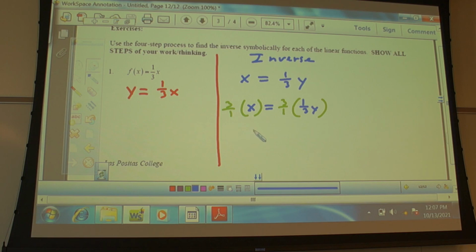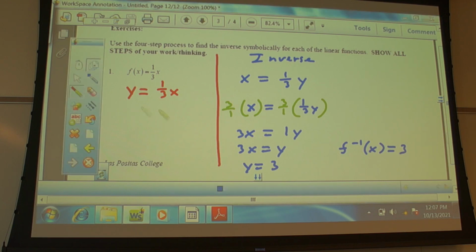You get 3/1 times x, which is the same thing as 3x. And then again, the 3/1 times 1/3 is just another form of 1. It goes away. Right, it's 1y. So then this is just really 3x equals y, or y equals 3x. So then you end up with f inverse, f to the -1 power of x equals 3x. This is your final answer.